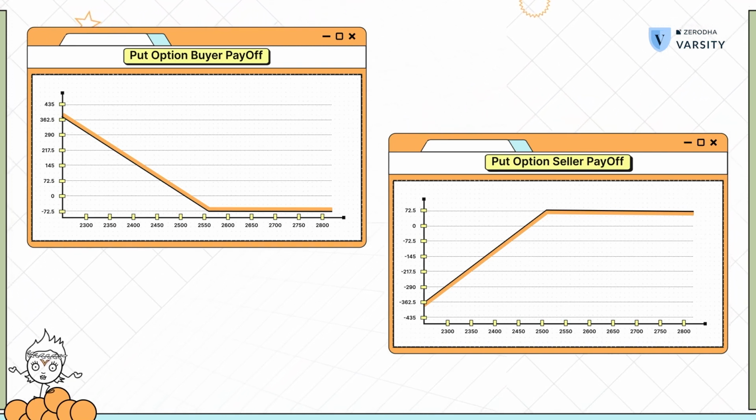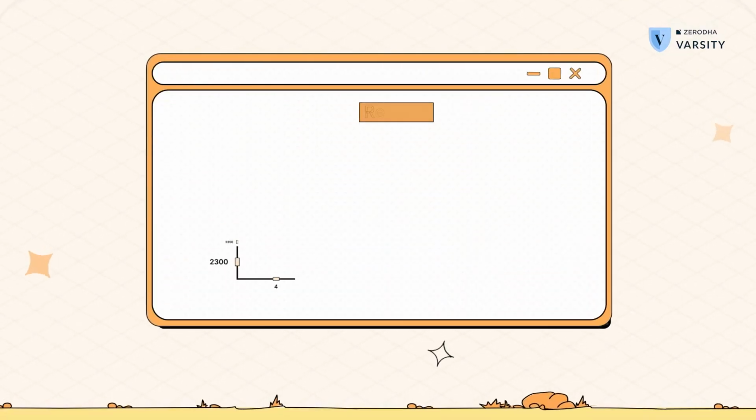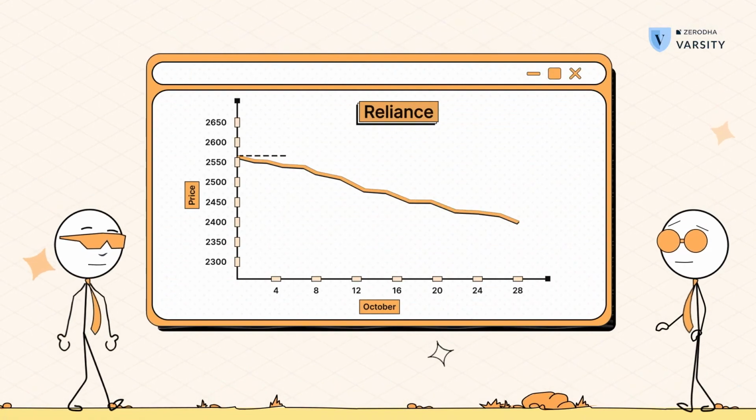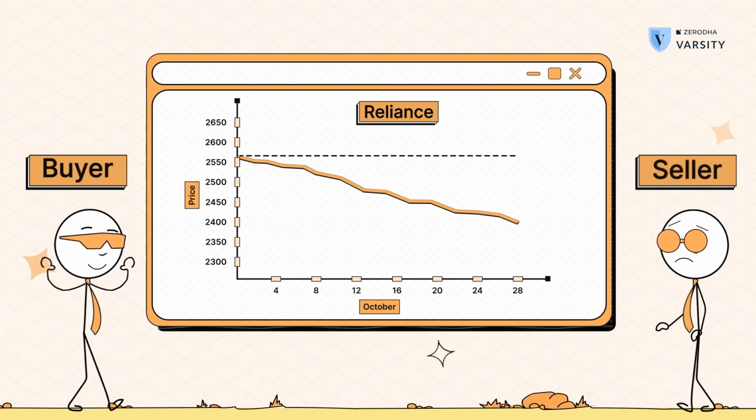In this case, the maximum loss for the buyer is 72.5, and therefore the maximum profit for the put option seller is 72.5. As and when the stock price declines, the put option buyer starts to make money, which is bad news for the put option seller because the put option seller starts to lose money.